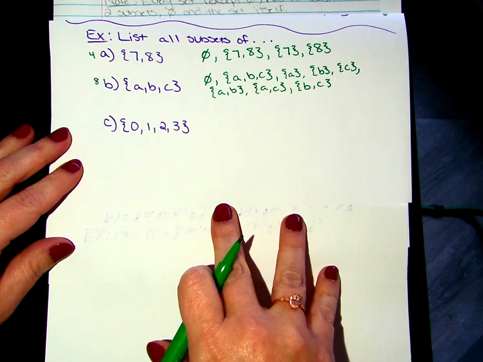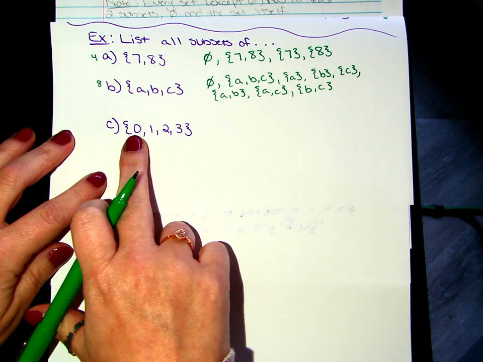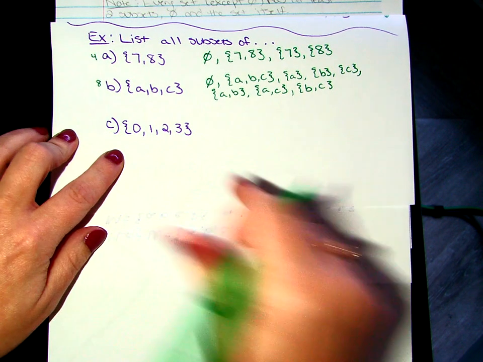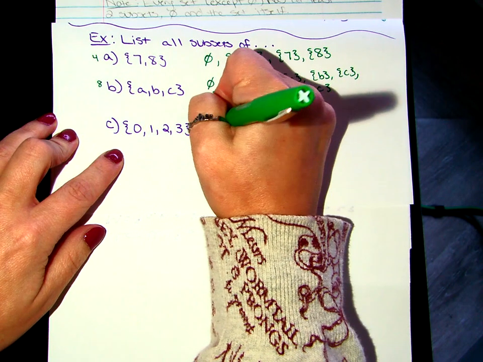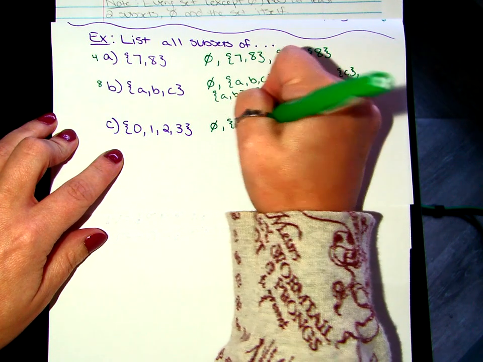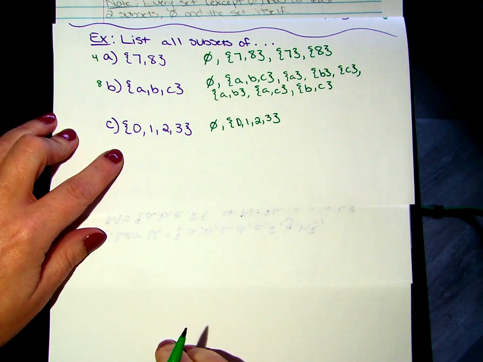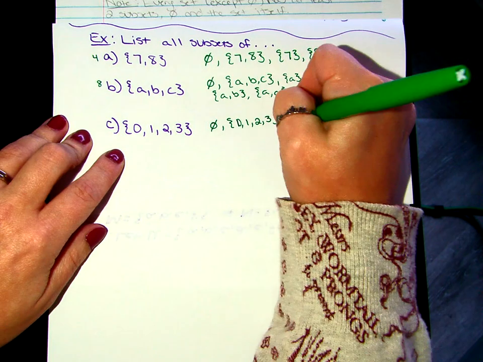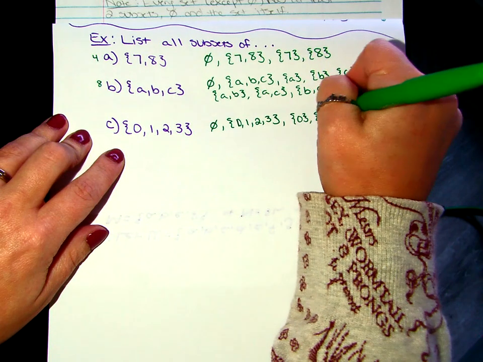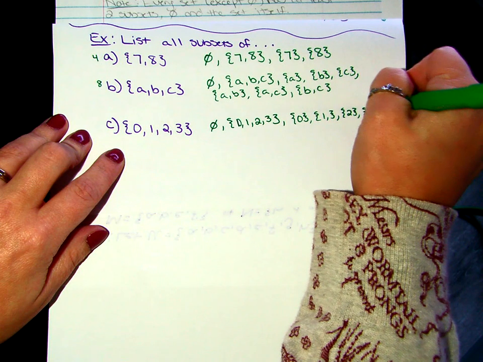So let's look at 4 elements. We have the numbers 0, 1, 2, and 3. You can have the empty set. You can have the full set. We could have each element in a set all by itself, like that.